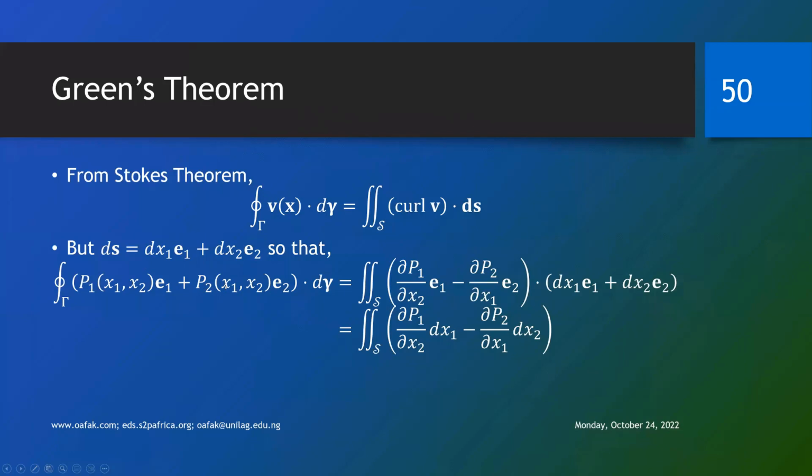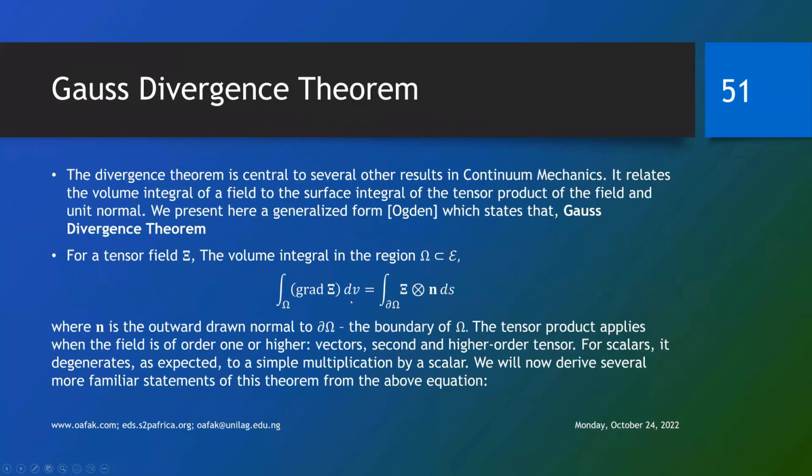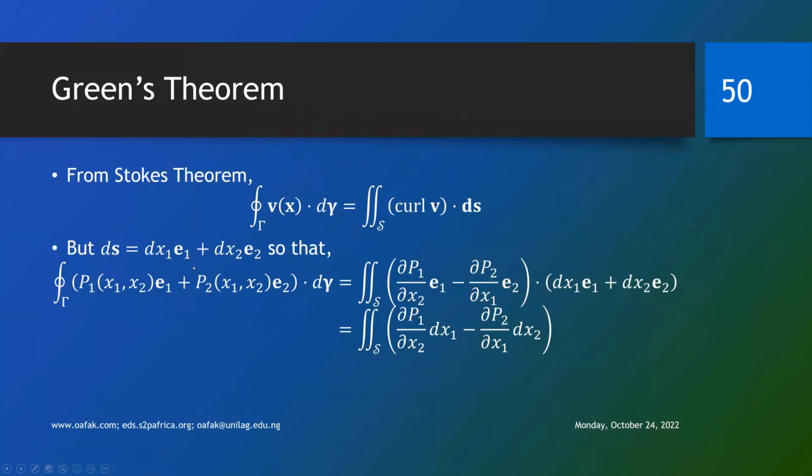That is the vector function dotted with dγ, and that is equal to the line integral here. When you finish doing the dot product here, this is what you get. And so this is the statement of Green's theorem.